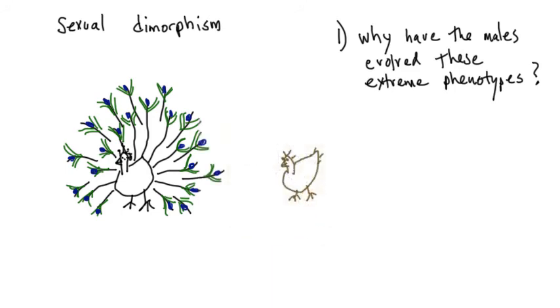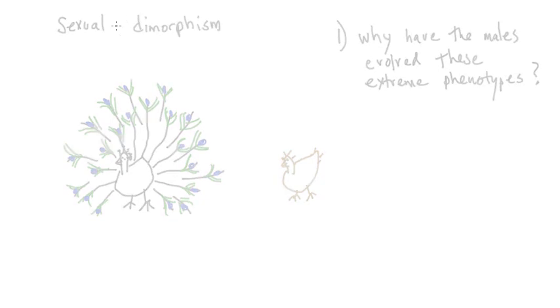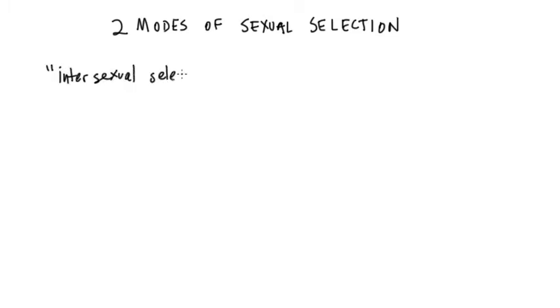Getting back to sexual selection now. There are two distinct modes of sexual selection, and these depend on who or what determines male mating success. In the case of peacocks, the control over mating success belongs to the peahens. The females choose which males are sexy and which are not. This mode is called intersexual selection in the textbook.